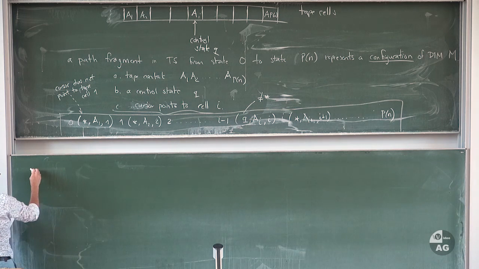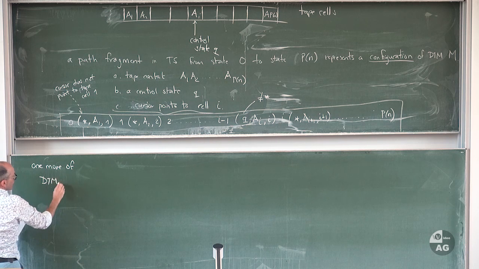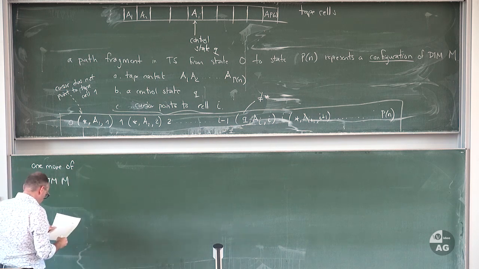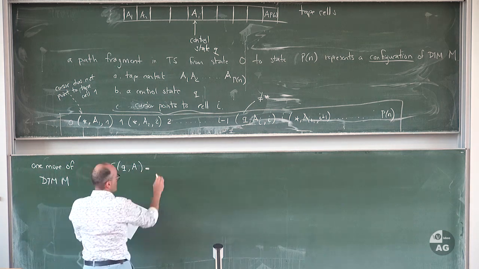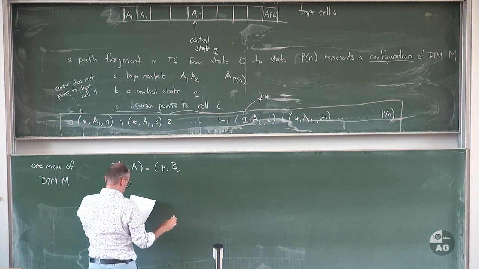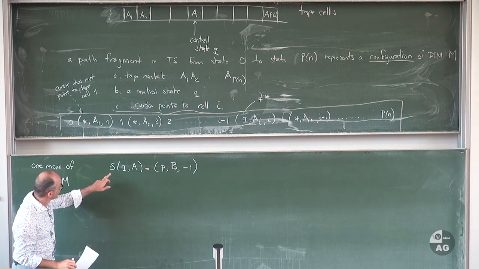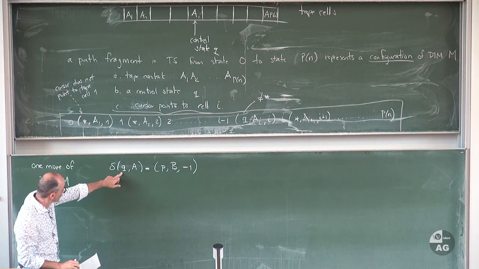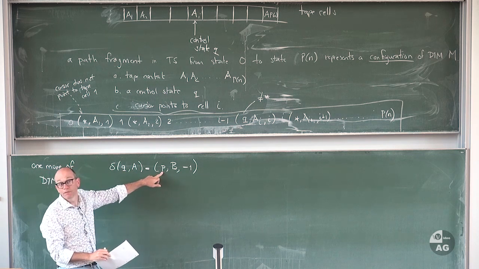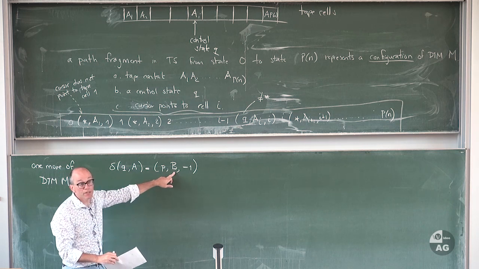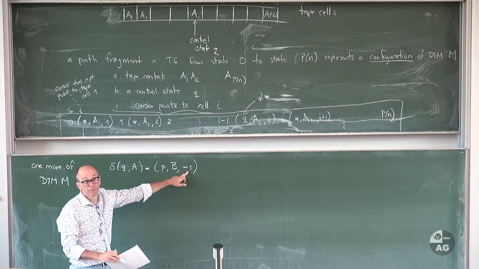So how to model one move of the deterministic Turing machine M. Let's assume that I'm going to take the transition that delta(Q, A) is (P, B, -1). Okay, what does that mean? It means if the Turing machine currently is in control state Q, and the next input symbol is A, it's going to move to the control state P. It's going to replace this A by B, and the head, the cursor, is moving one position to the left.